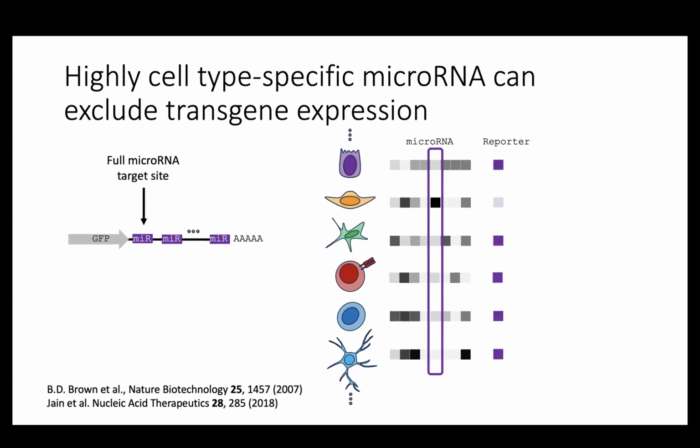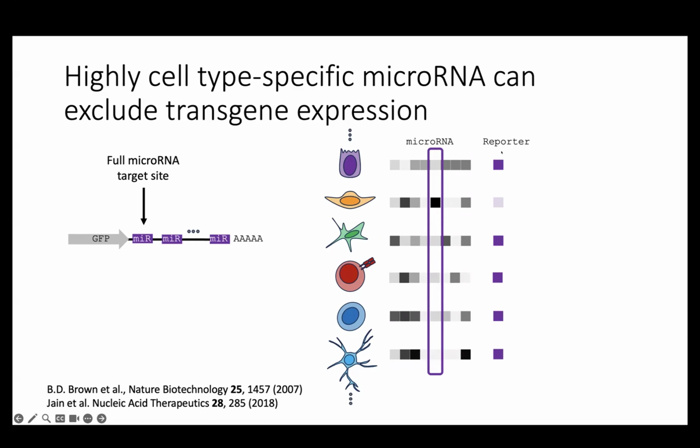So many people for many years have taken advantage of that kind of specificity to make reporters, right? For example, here by including multiple copies of a complementary site for miR-122. If this gets delivered to the liver, the mRNA will probably get destroyed. Anywhere else where the microRNA is not made, the mRNA will survive. Okay, so that's the basic idea.